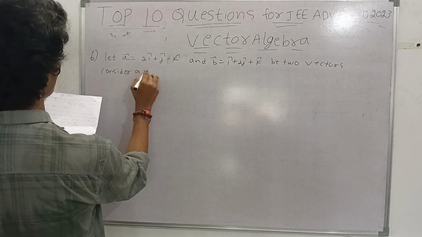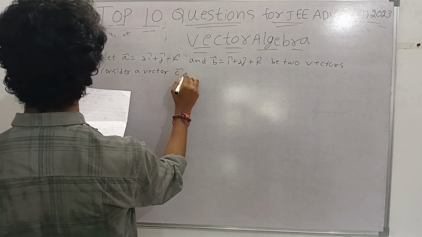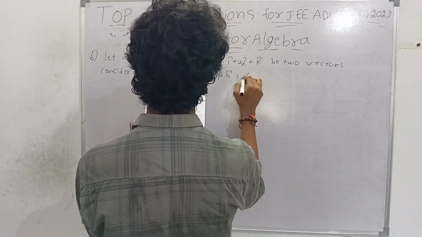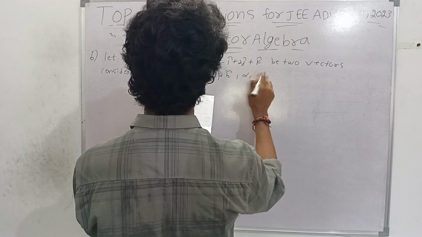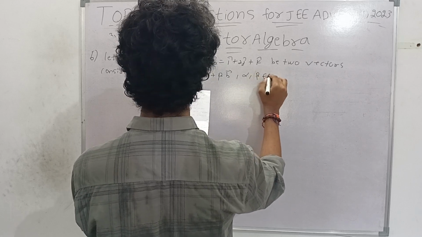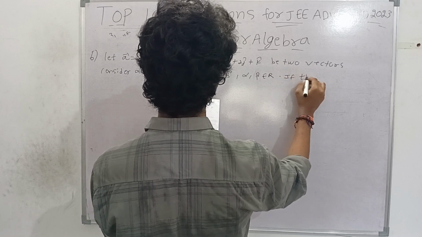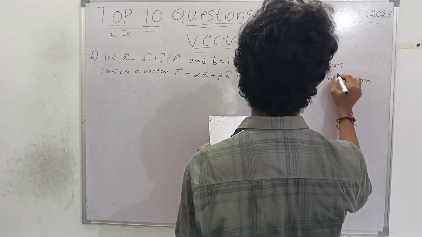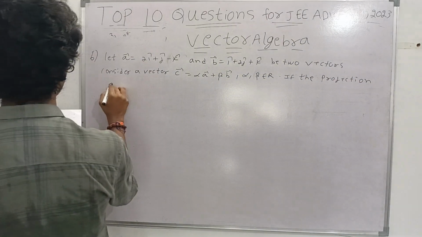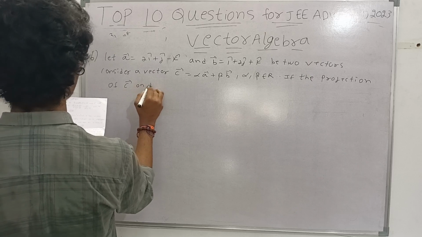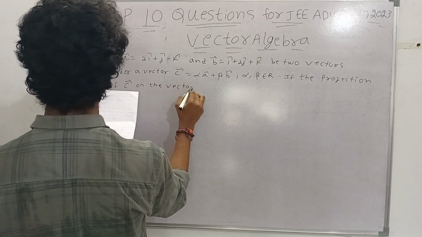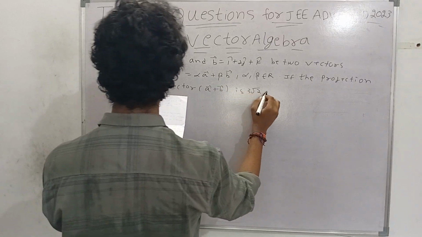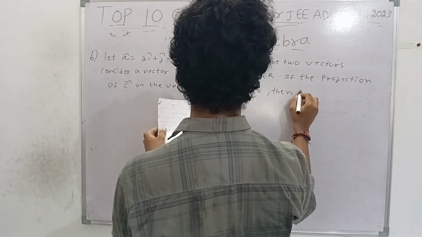Consider a vector C vector equal to alpha A vector plus beta B vector, and alpha, beta belongs to R. If the projection of C vector on the vector A bar plus B bar, that is A vector plus B vector, is 3 root 2, I will explain the question guys, wait some time.